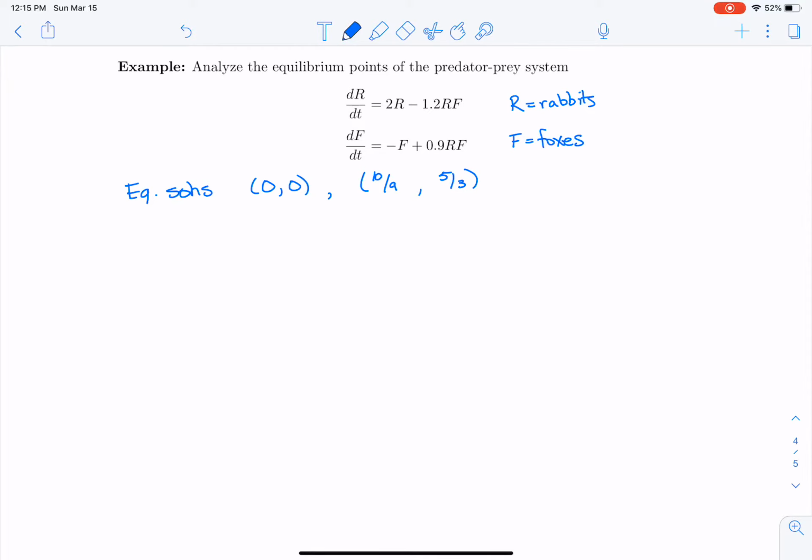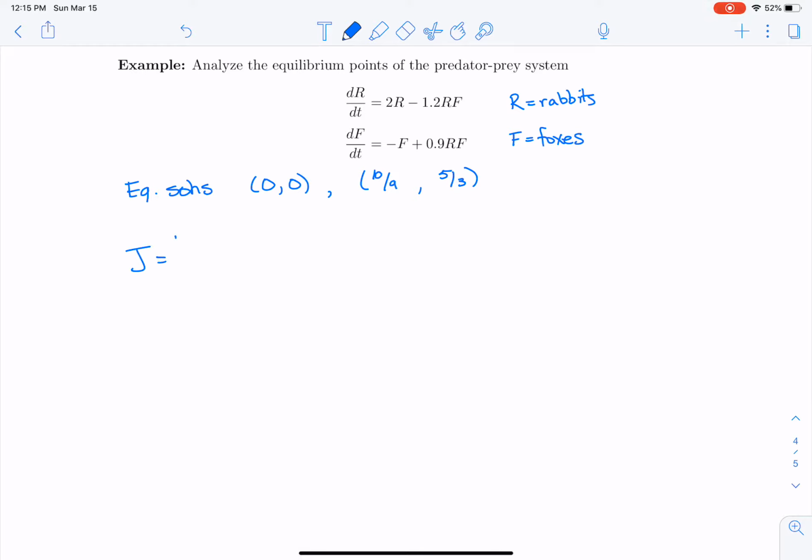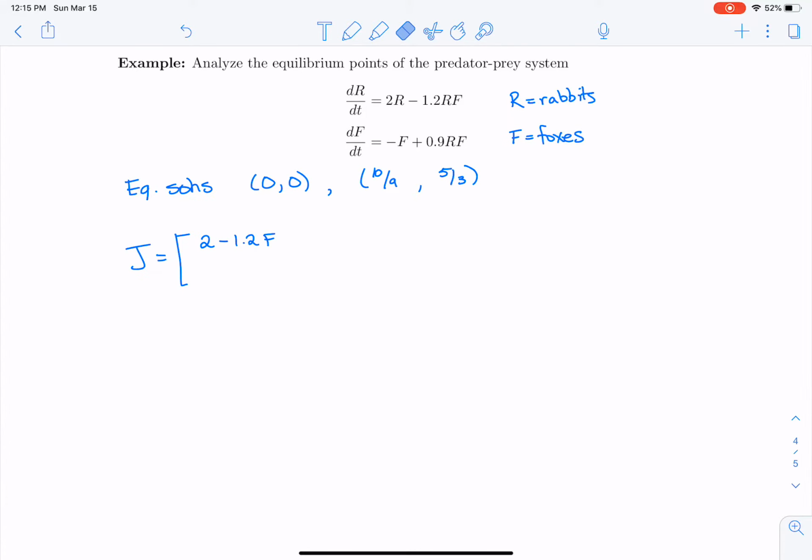So what we can do is find the Jacobian of this system. We can take the derivative of the first equation with respect to r, and we get 2 minus 1.2f. Then the derivative of the first equation with respect to f gives us negative 1.2r. Then the derivative of the second equation with respect to r gives us 0.9f.